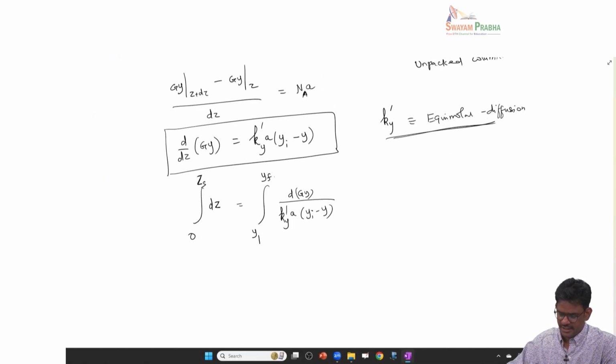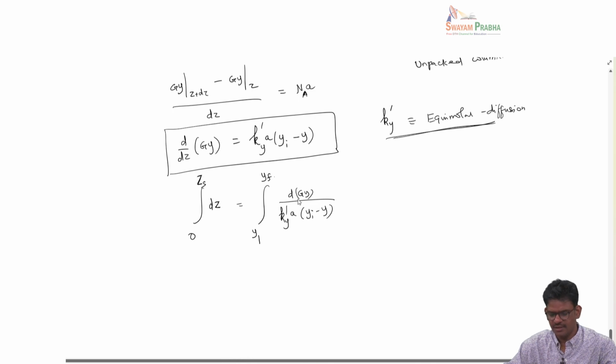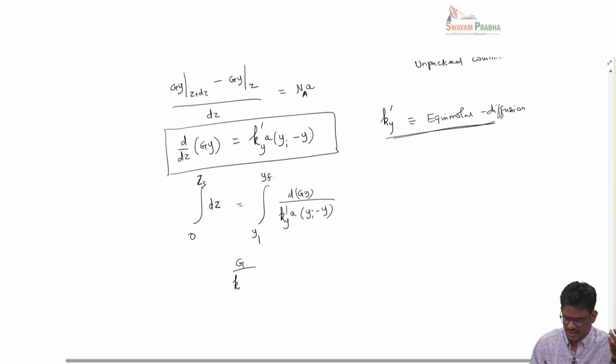And then the right hand side, we have the molar flow rate G and Ky. They can be a function of the composition, or like we assumed before, the combination of G by Ky prime A can be considered to be constant, and we call this HTG.